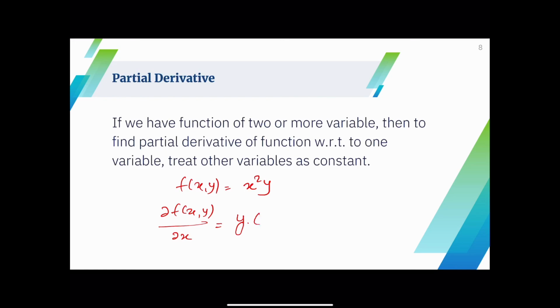So that is 2x y. Now the same, if you want to find out the derivative with respect to y, we put x square as constant and the derivative of y is 1. So that is x square.